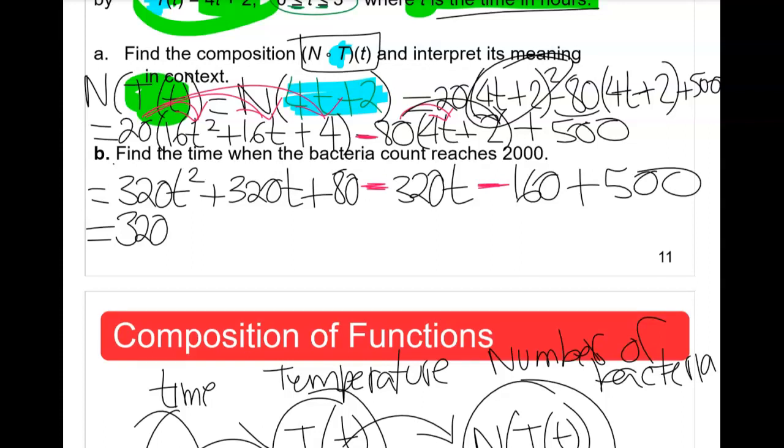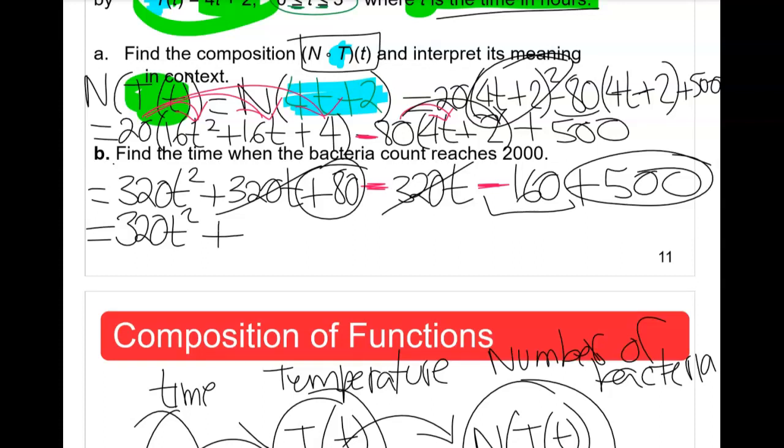Okay, so continuing here, we have 320t squared. I can cancel out the positive 320t with the negative one because they equal 0. And then for the numbers, I can add 80 plus 500, so that will be 580. And then I'm going to subtract 160. So that will give me 420.